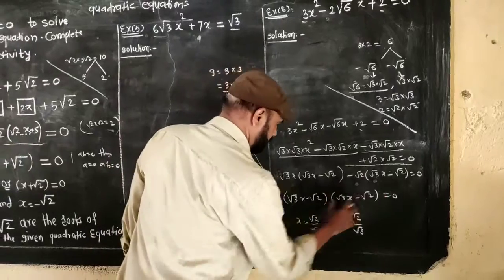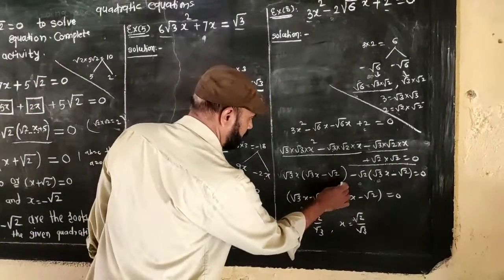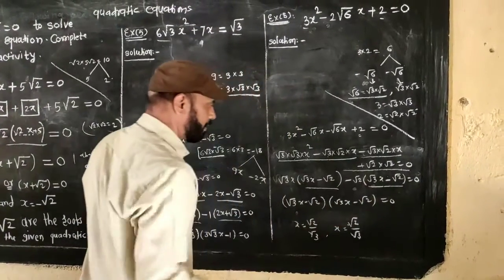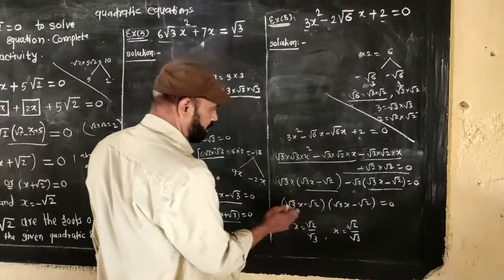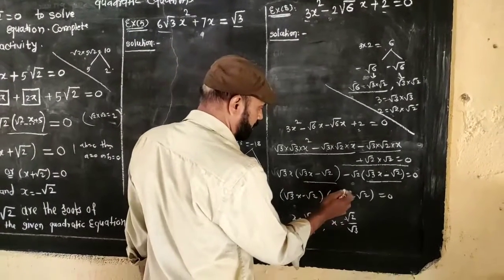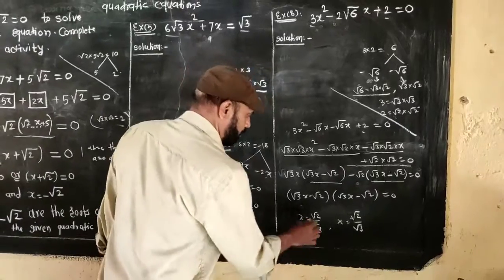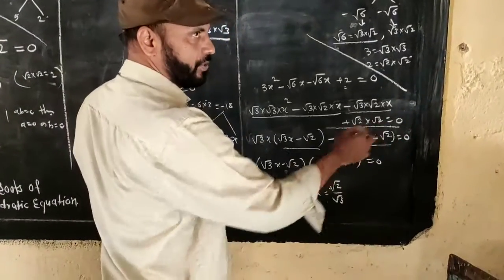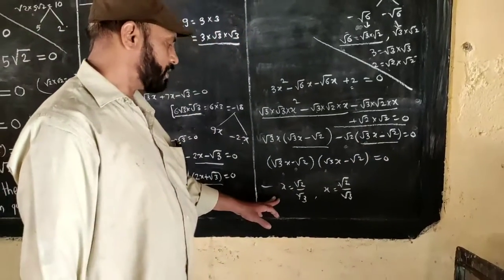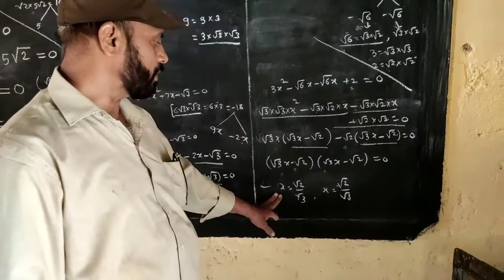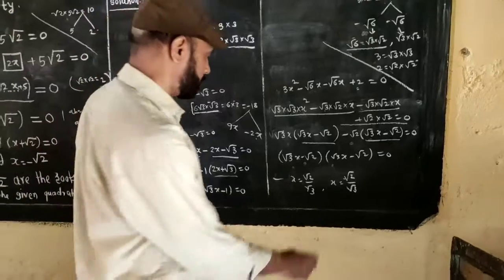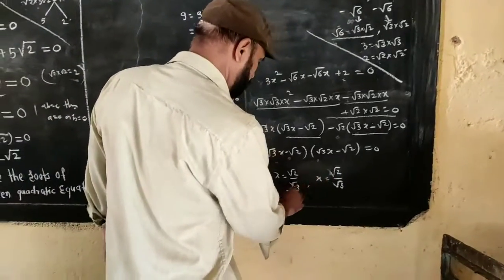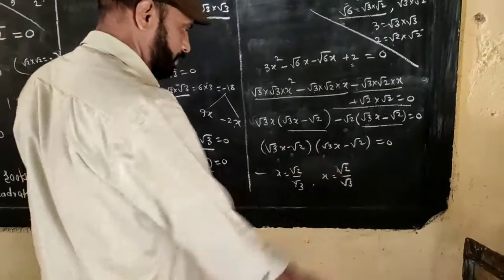So again taking the same bracket common, we are left with root 3 into x minus root 2 minus root 3 into x. So we got the final answer. Product of two numbers is 0, so one number is equal to 0 or the second number is equal to 0. These are the roots of the given quadratic equation. Okay. One root is positive, both are positive.